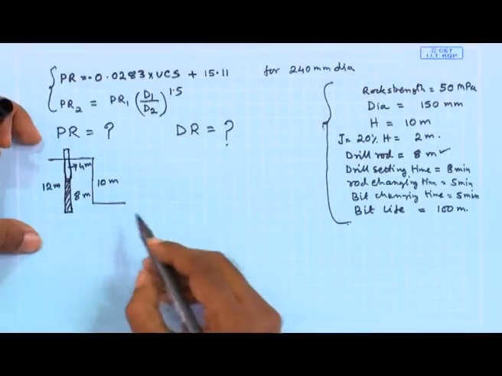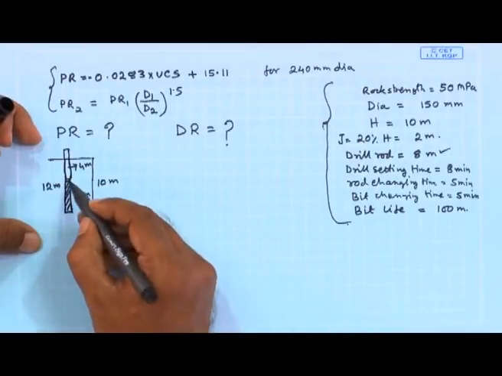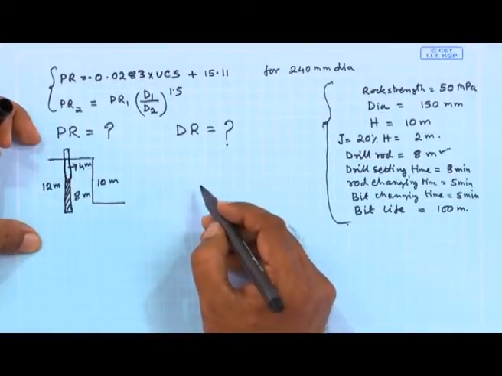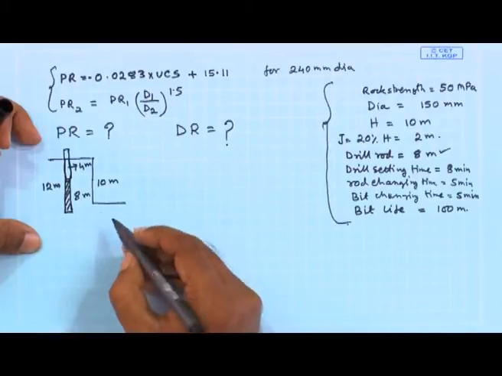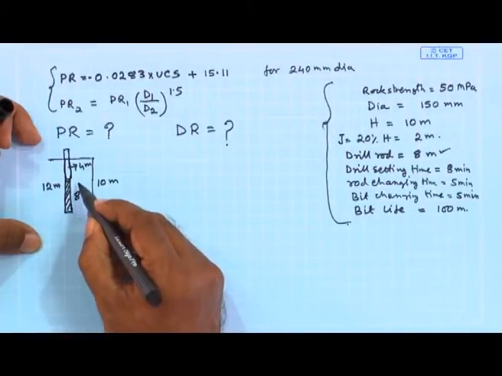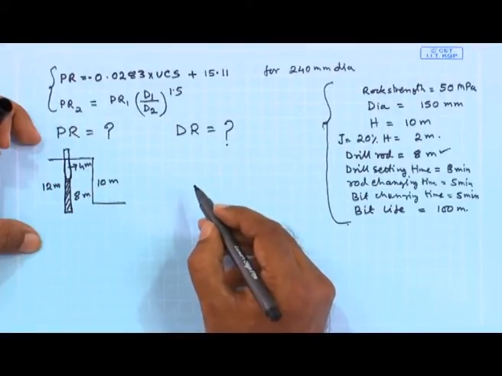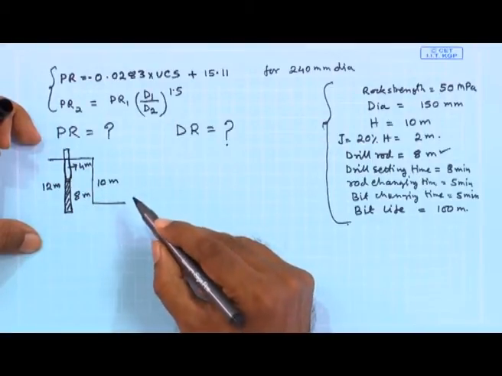So, there will be an inserting of rod after 8 meter of drilling, and then again while we are withdrawing this rod in the upward direction, that time the rod has to be removed again while we are taking out this rod.